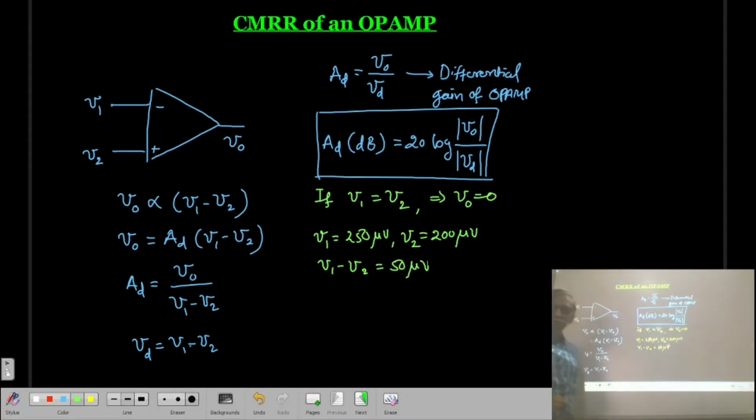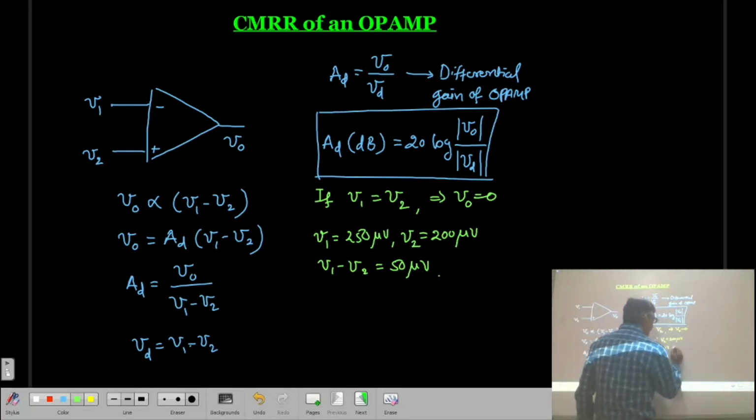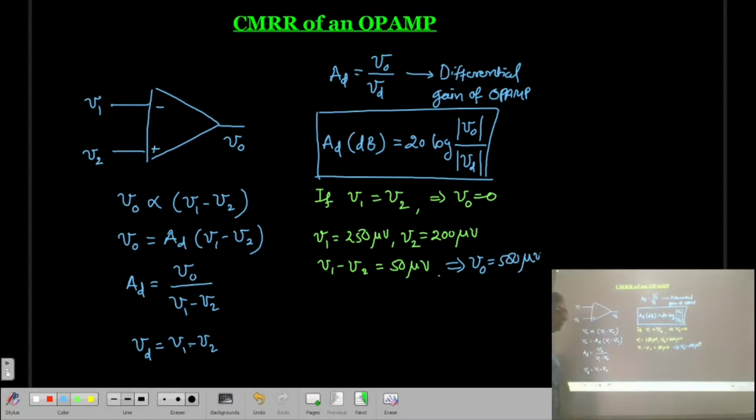The difference is 50 microvolt. If we see the output voltage in this case, let us say the output voltage is 500 microvolt, which is 10 times.